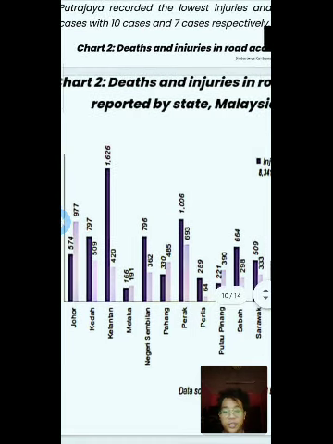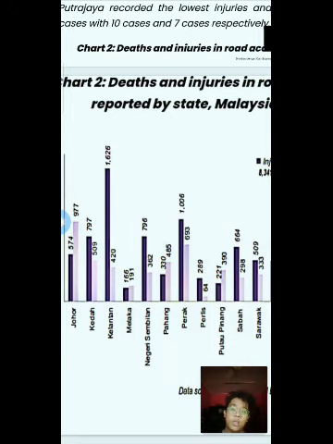In Negeri Sembilan, you can see the figures are different. It's higher than Melaka, 796 injuries, while the deaths are 362. But in Pahang, the injuries are 330 and the deaths are 485.